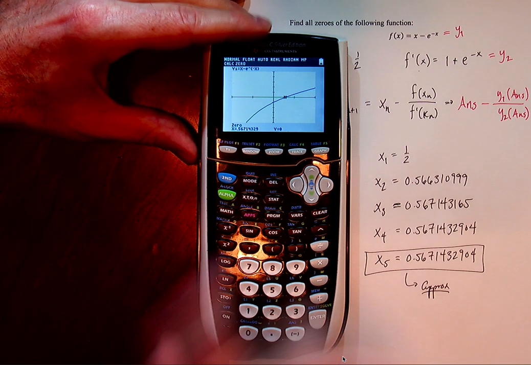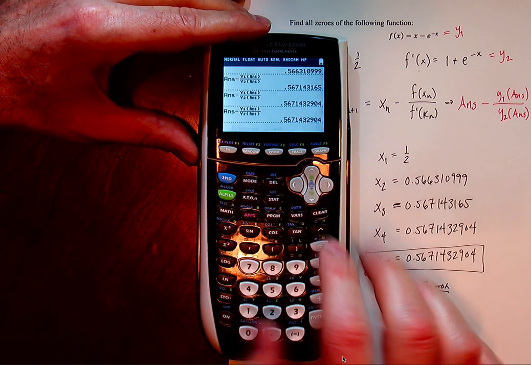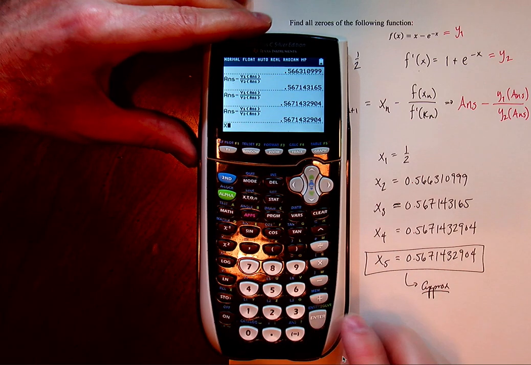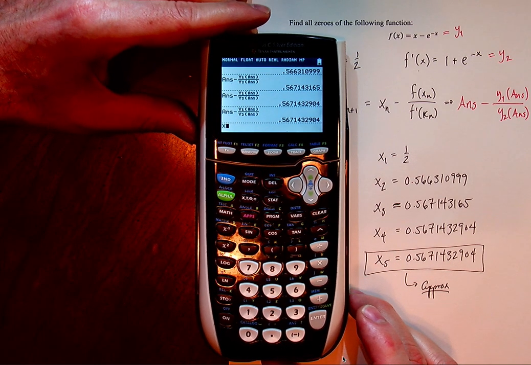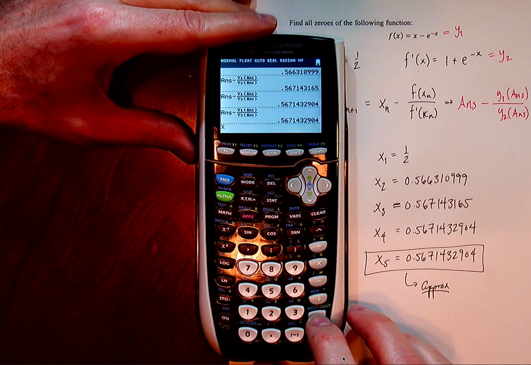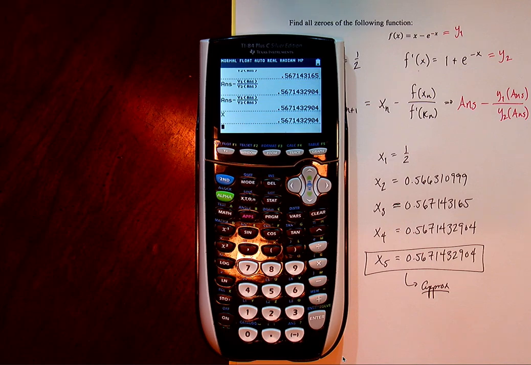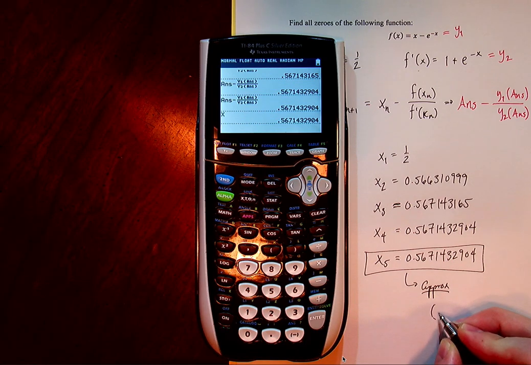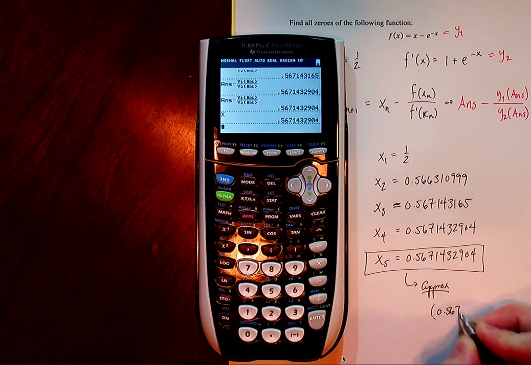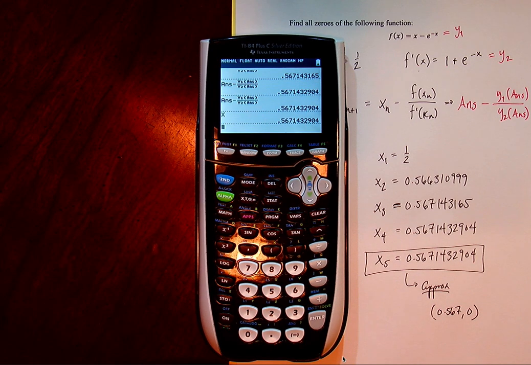You may not be able to see that depending on how big your screen is, but remember, every time you do some sort of calculation on the graph, it stores it automatically into x. We see that the x value that has been stored, the 0 arrived at by the calculator, is exactly the same as that which we arrived at by Newton's method, okay? So our 0 is approximately 0.5670.